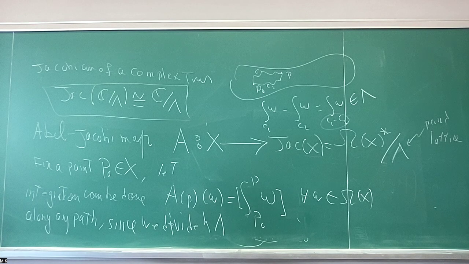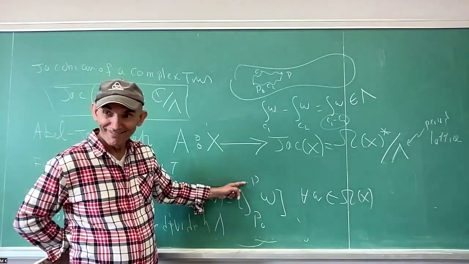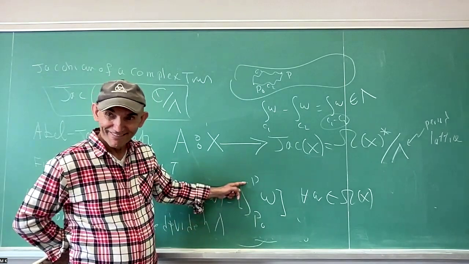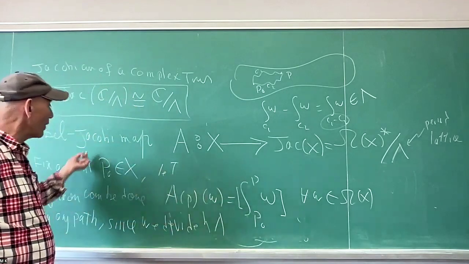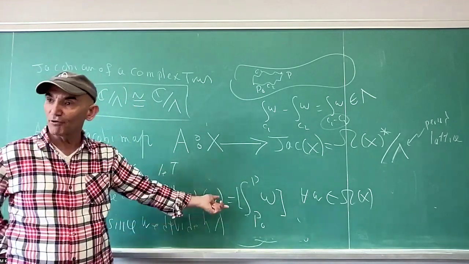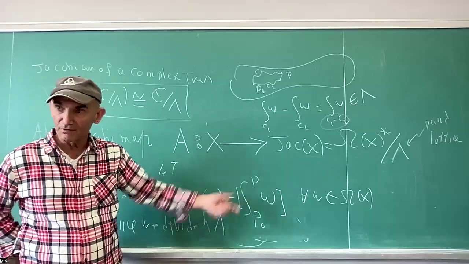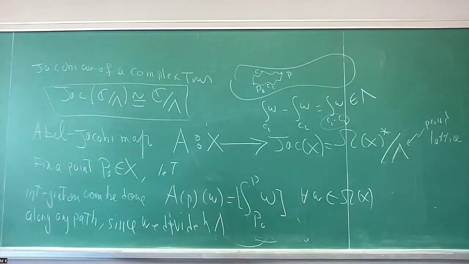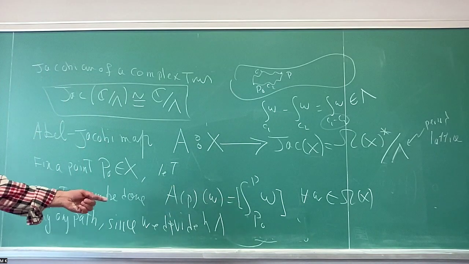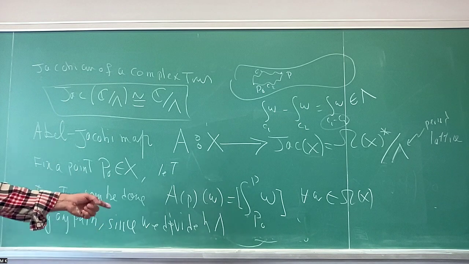That's okay. And here, the notation sends omega to this integral. Exactly. Any point on the surface gives you a linear functional, which on this one-form gives you this value. This is the notation. I hope it's not confusing now, because the notation is unambiguous.